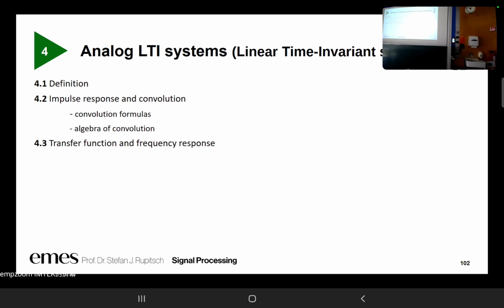And time invariant means a shift in time in the input results in a shift in time in the output. It doesn't matter when we perform the experiment, the result of the experiment will always be the same. Pretty simple.